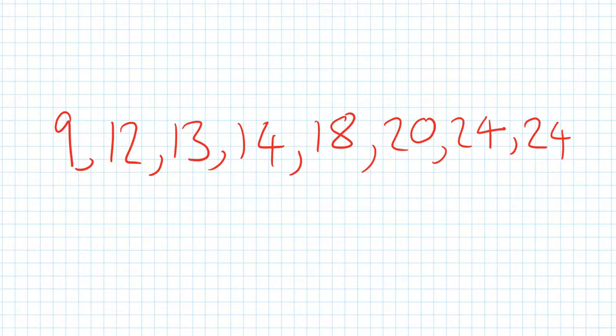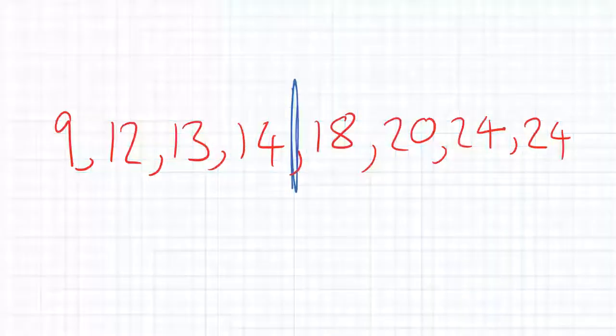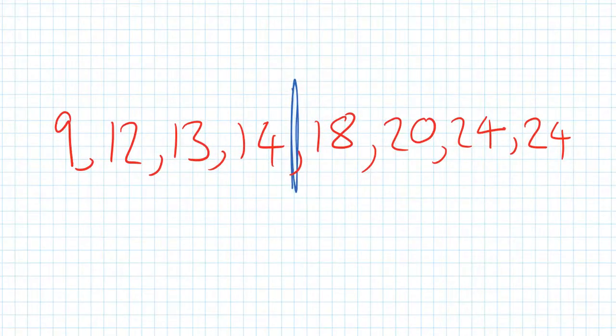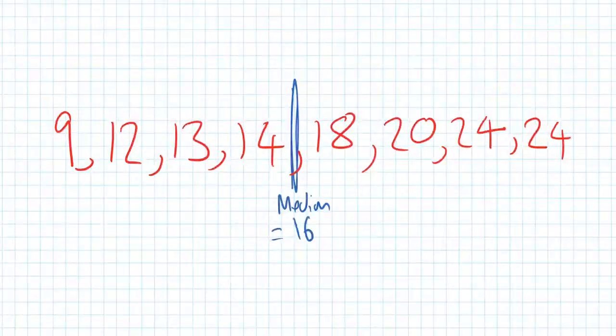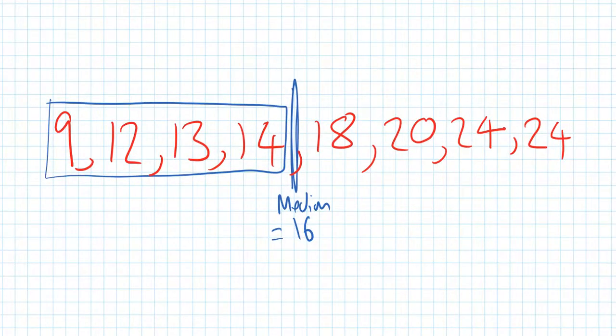Well, if I was working out those 5 values, first of all, the median this time would be right in the middle, so halfway between 14 and 18. So you could add them up and divide by 2, or just figure out what's in the middle of 14 and 18. Of course, the median there is going to be 16. Now, to find that lower quartile, well, I'm thinking about that lower half of the data being these 4 numbers.